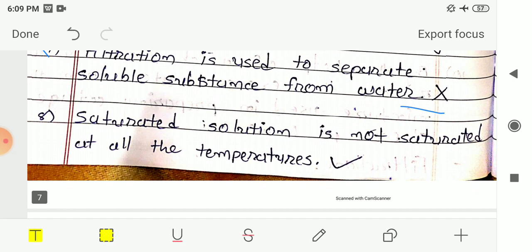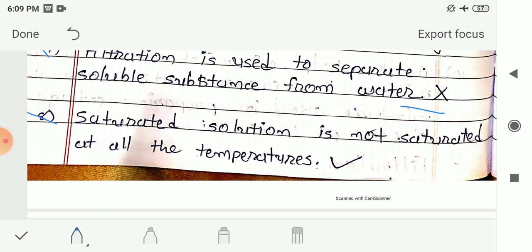Next, 8th number, saturated solution is not saturated at all the temperatures. So here your answer is true. As in the chapter we had seen, if we are cooling down this solution, then the substance which we are dissolving in the water gets collected and settles down at the bottom of the beaker, and if we are boiling or giving heat to this solution, then we can dissolve more amount of this substance.